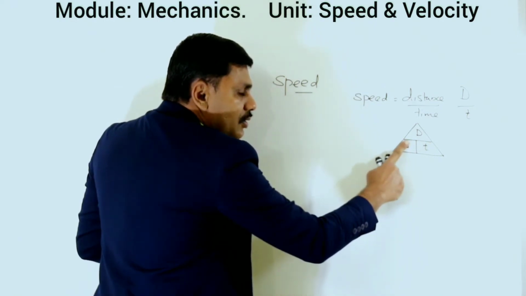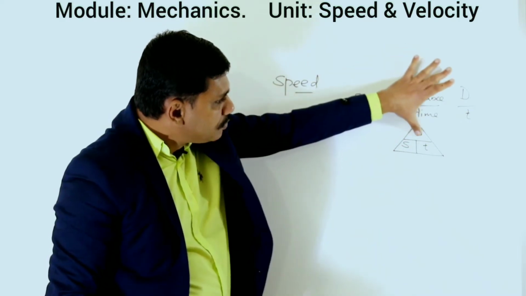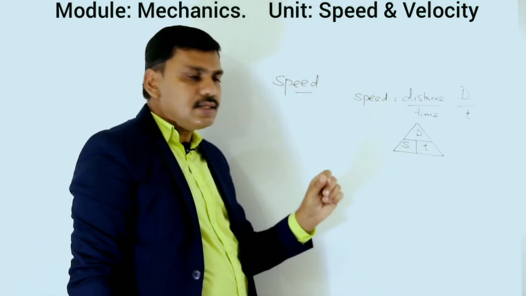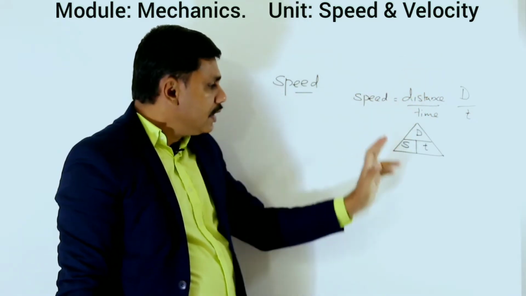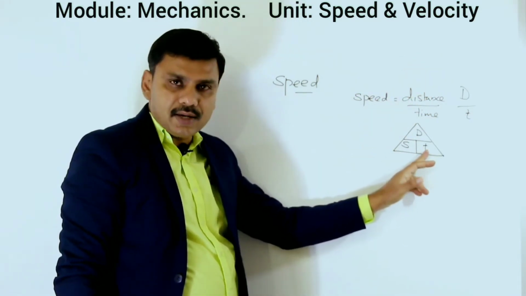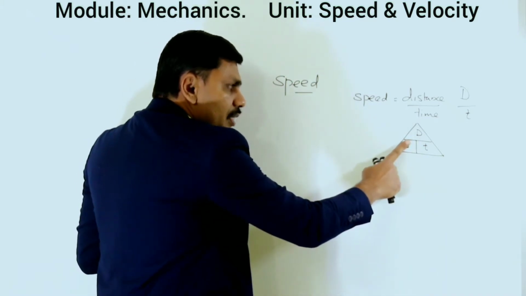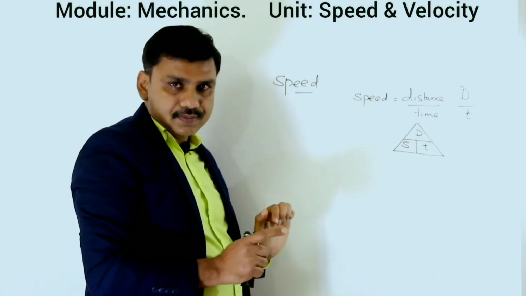If speed equals distance by time, distance equals speed multiplied by time. So in order to calculate distance, you hide d, then speed multiplied by time gives distance. In order to calculate speed, you divide distance and time.